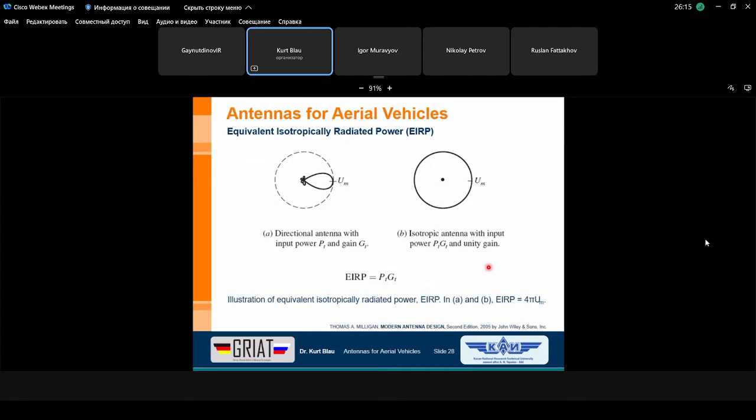Then a short discussion about a very often used parameter, the EIRP. I also discussed it. It's nothing else than the radiated power related to the gain of the antenna. Means if the given EIRP is, let's say, 100 milliwatt, it's not the power which goes out from your amplifier to the antenna.